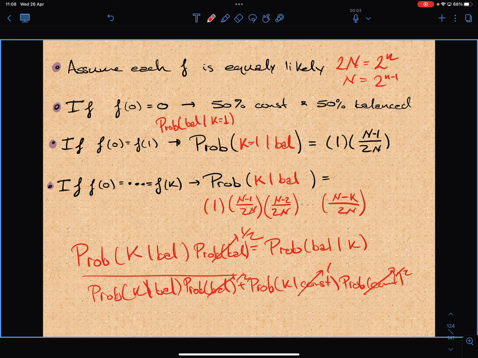So if it's balanced, and I measure that f0 up to fk are all equal to each other, then that means that the first one was either 0 or 1, but it does not give us any information. But the second one has to be the same as the previous one. And since we already measured it once, then you can only choose N minus 1 options that will give you the same measurement.